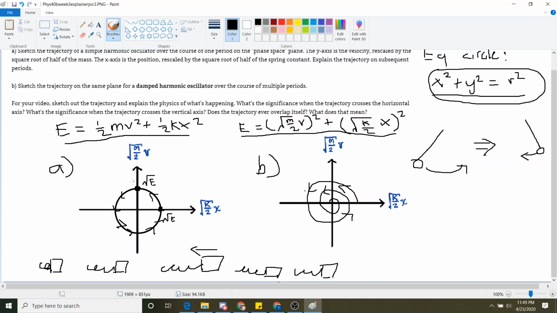So if you were to just imagine this going over and repeating again, because there's no force to stop it or dampen it, then it would just continue on forever in this circle right here.